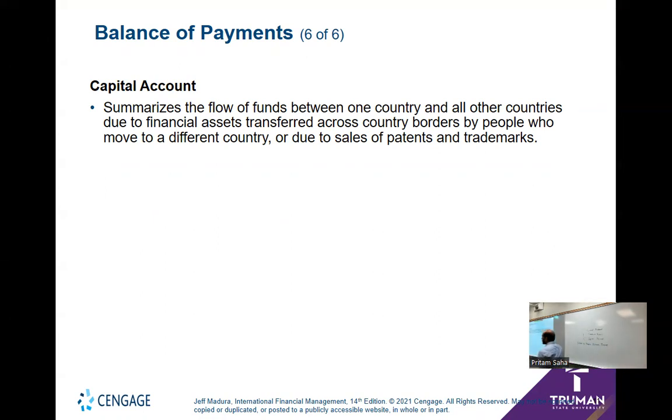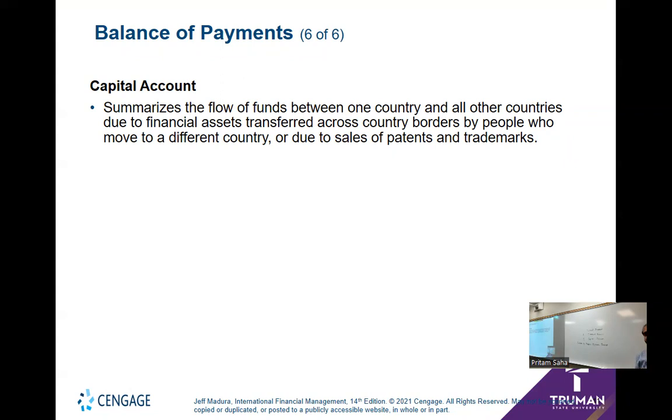Those kinds of transactions are recorded in the capital account. So your balance of payments is basically a combination of these three. Short-term activity in the current account, long-term activity in the financial and capital accounts. And these three will tell you what the balance of payments is.